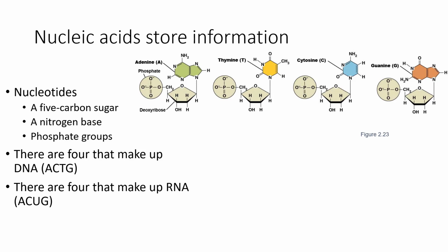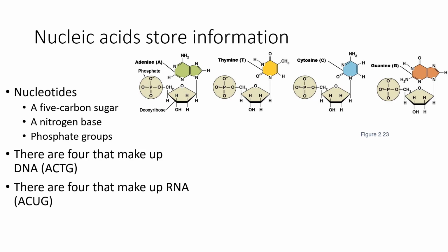It is the only molecule that has phosphorus out of all these biomolecules. There are 4 different types of nucleotides that make up DNA: adenine, thymine, cytosine, and guanine. There are 4 types that make up RNA: adenine, cytosine, uracil, and guanine.